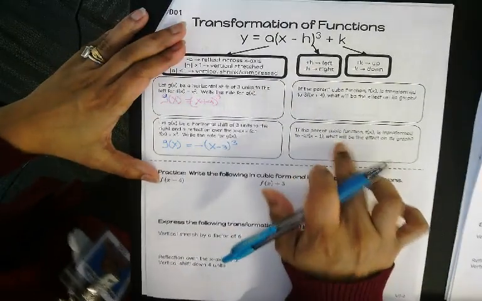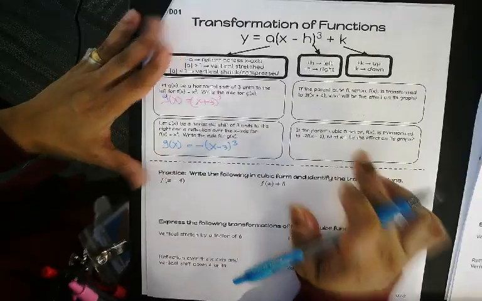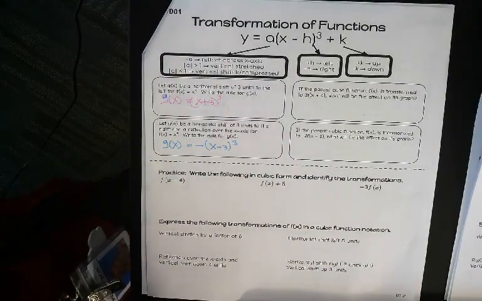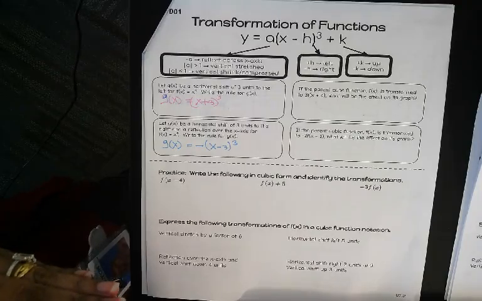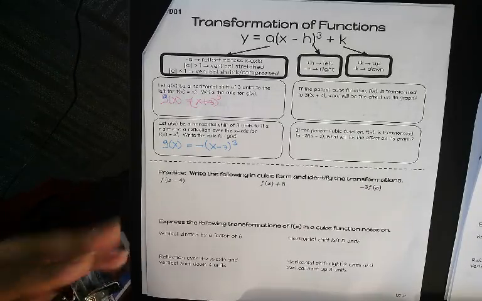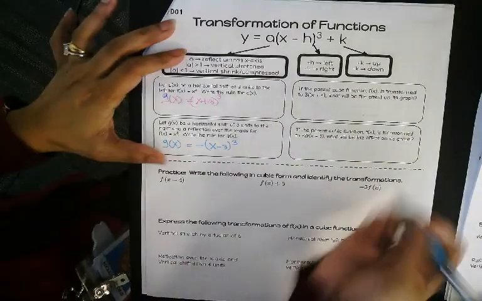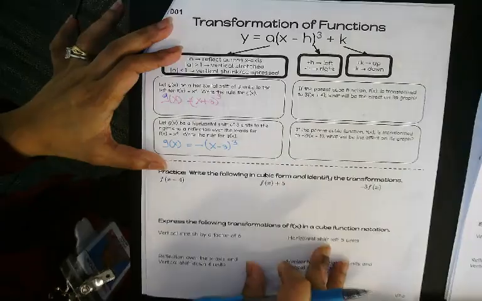Alright. How many transformations do I have over here? 3. What are they? Reflection, then vertical stretch by 2 and 1. Alright. Going to the right 1 unit.